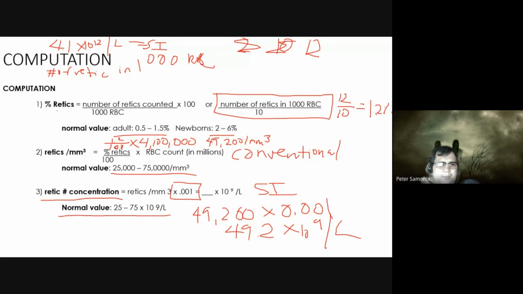Okay? So percent retics is the number of retics seen divided by 10. Retics per cubic mm is percent retics divided by 100 times RBC count in millions or in conventional. For retic concentration, you just multiply the retics per cubic mm by 0.001.